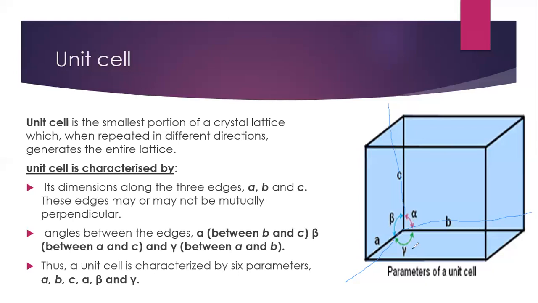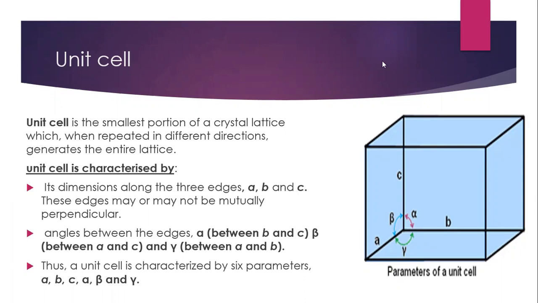So I can say that in a single unit cell there are 6 parameters: 3 edges, that is A, B and C, and 3 angles, that is alpha, beta and gamma. So these are the parameters of the unit cell.